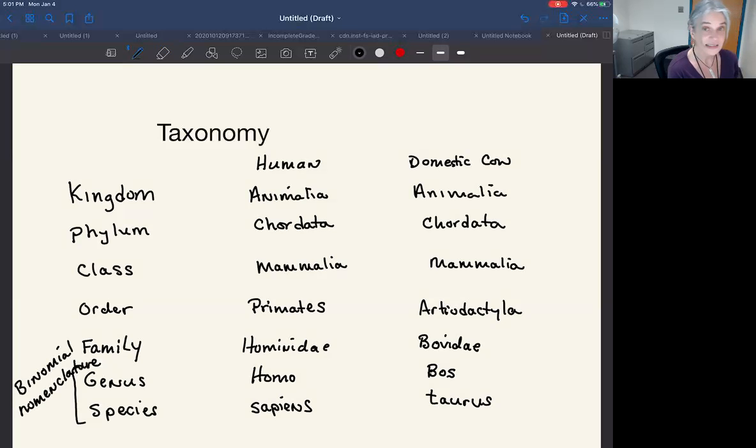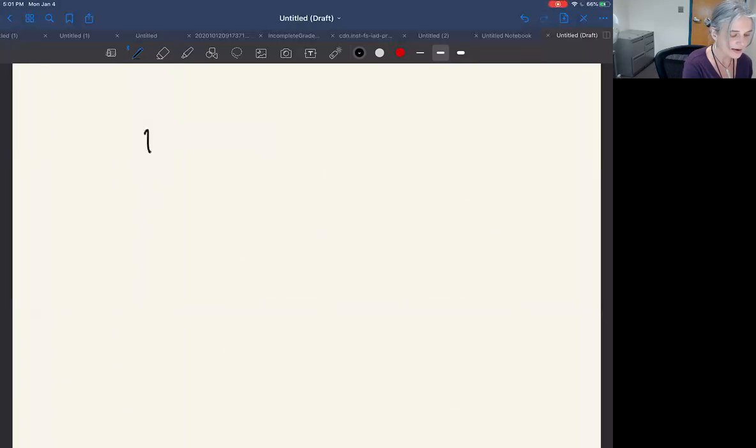That's C-L-A-T-U-R-E, nomenclature. And so, for example, we have the genus Homo, and then we have sapiens. And that is generally underlined or italicized in the scientific literature. So this is a way that we're able to communicate, even if we're not using the same language, what species it is that we are studying.